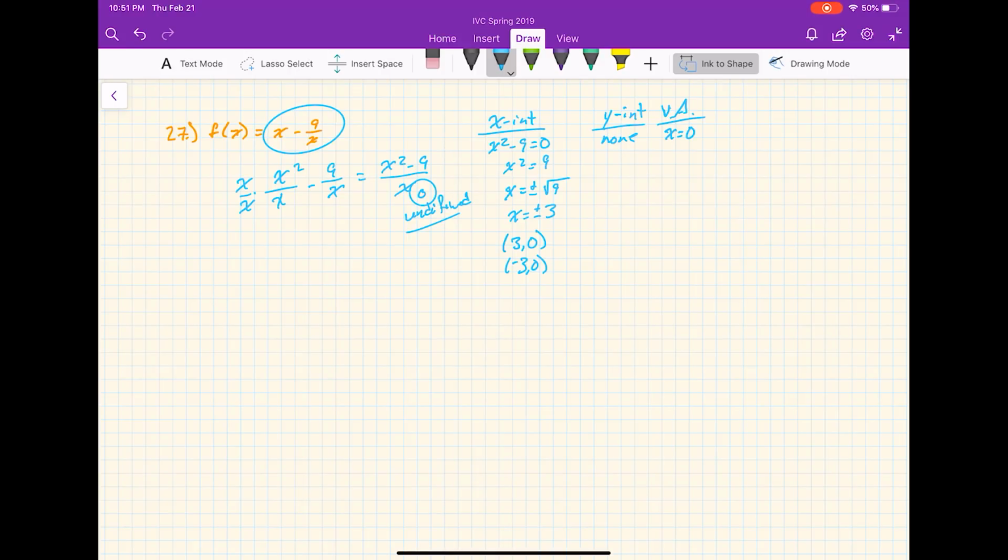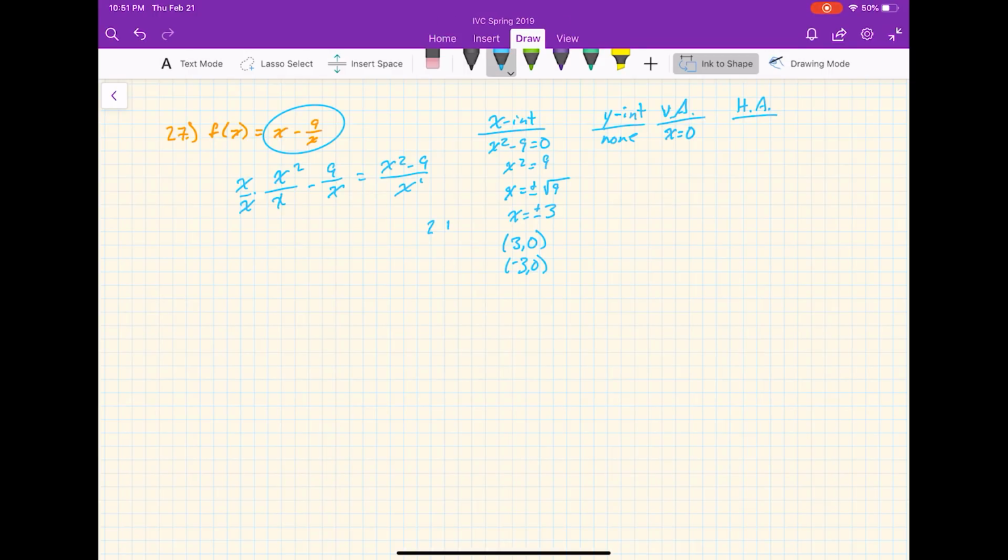And so now we need to find our horizontal asymptote, and that, if you remember, is looking at these exponents. Let me clear this out of the way so we can see what we're doing here. Okay, so x on the bottom is x to the first, but the top one, x to the second, is obviously bigger. 2 is bigger than 1.